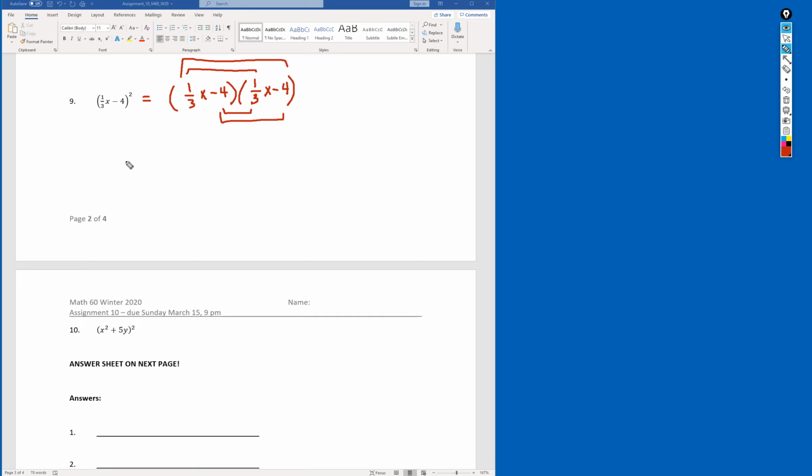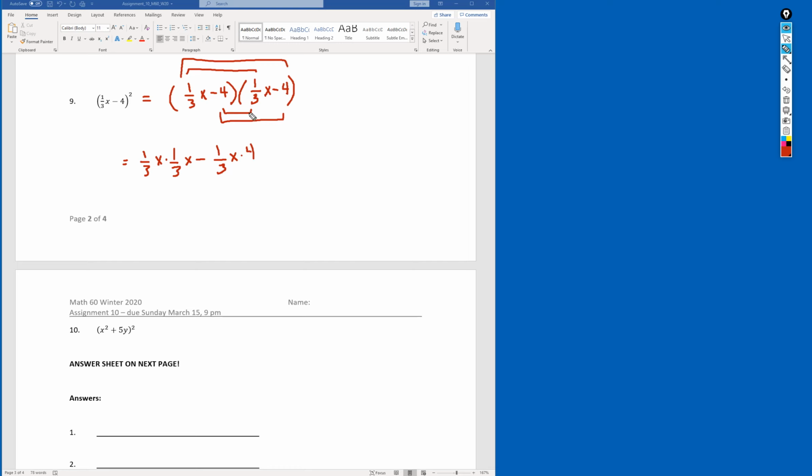All right, if we do the first, I've got 1/3 x times 1/3 x. Outer is going to be 1/3 x times minus 4, so it's going to be negative: minus 1/3 x times 4.